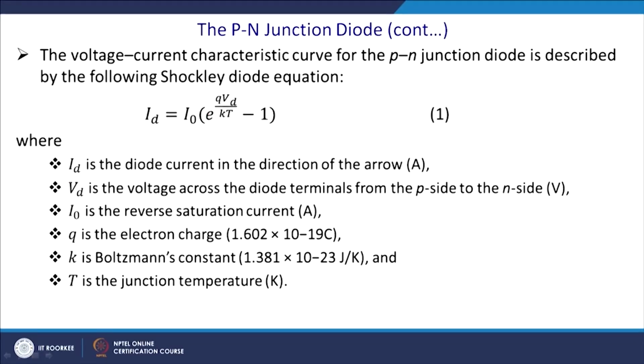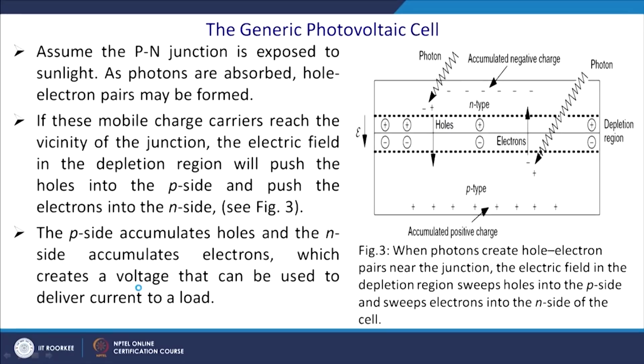Here I_d is the diode current, V_d is the voltage across the diode terminals, I_0 is the reverse saturation current, q is the charge of the electron, k is the Boltzmann constant, and T is the absolute temperature.